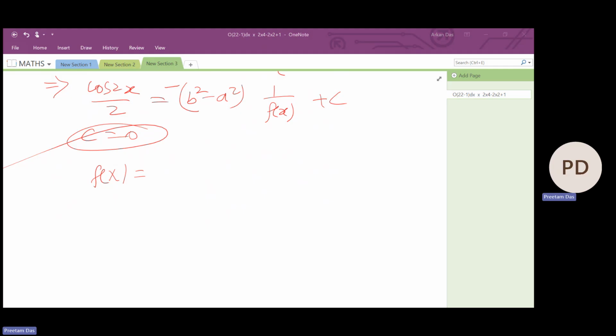Now you simply have to rearrange it in the form of the options. And when you do that, you'll get this. Okay. 1 by a square sin square x plus b square cos square x, option.